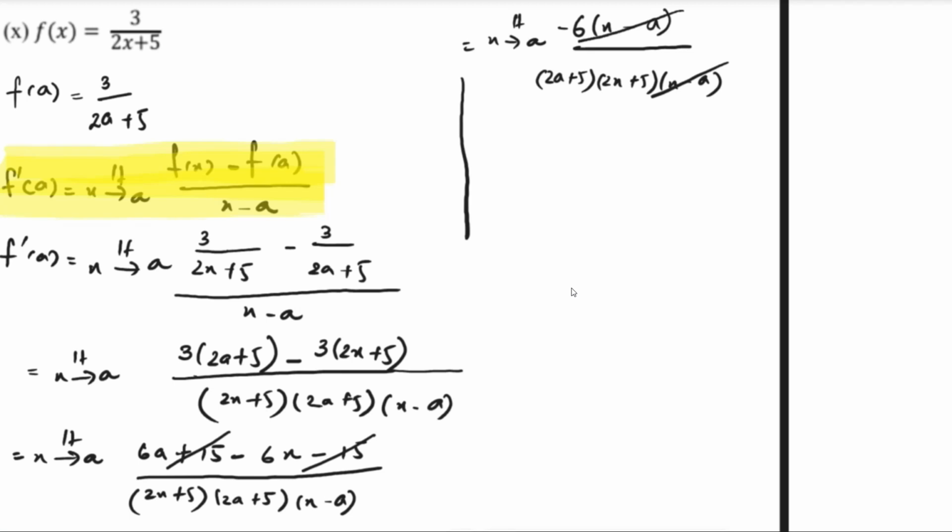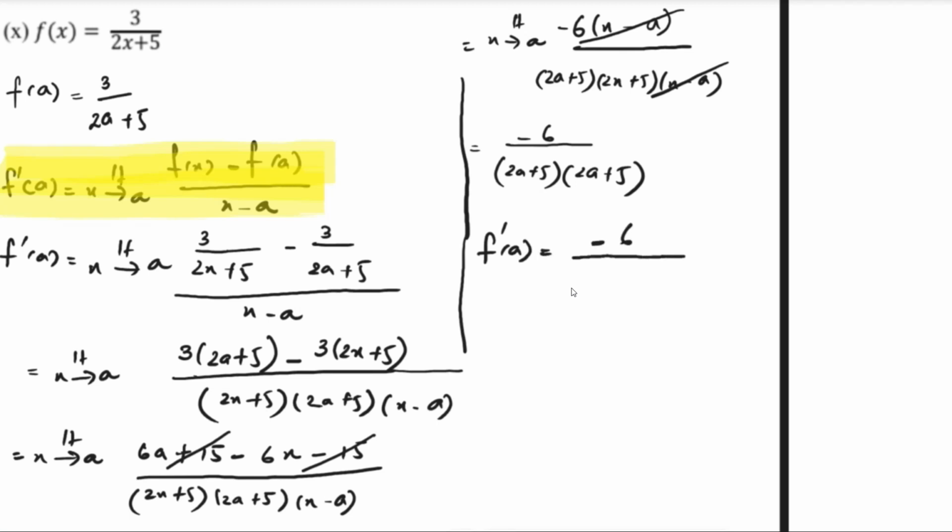So x minus a is cancelled with x minus a and we replace x as a, then the answer would be 6 by 2a plus 5 into 2a plus 5. So f dash of a will be minus 6 upon 2a plus 5 whole square.